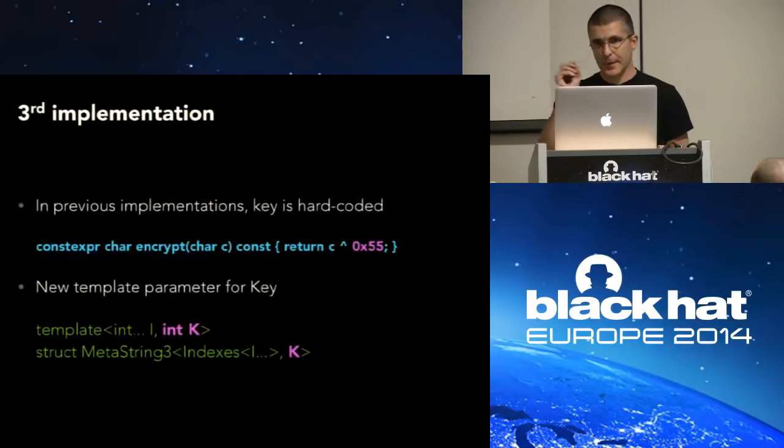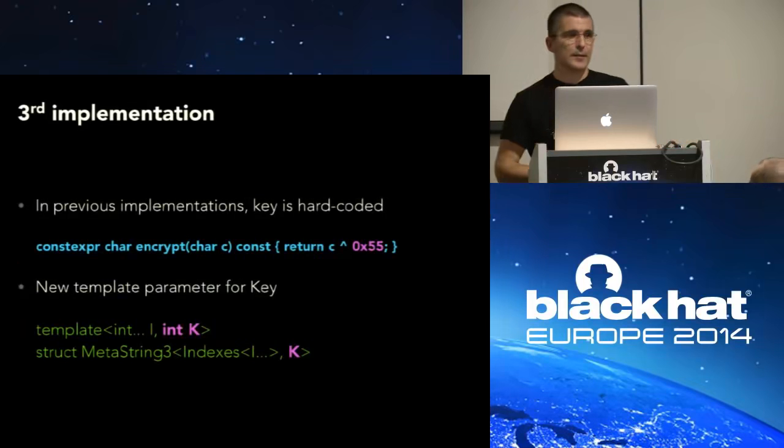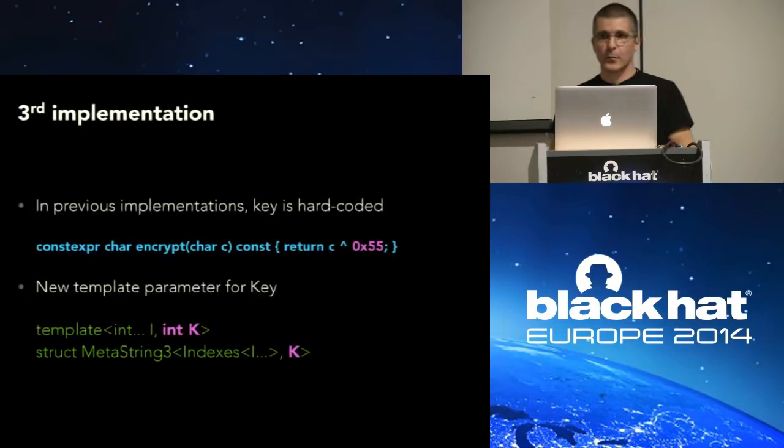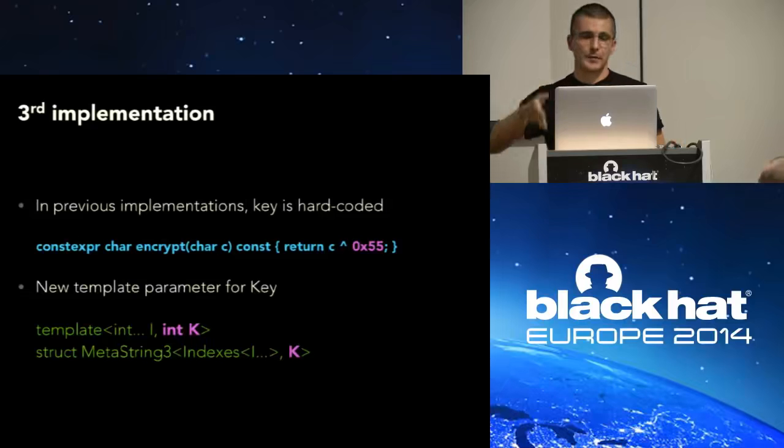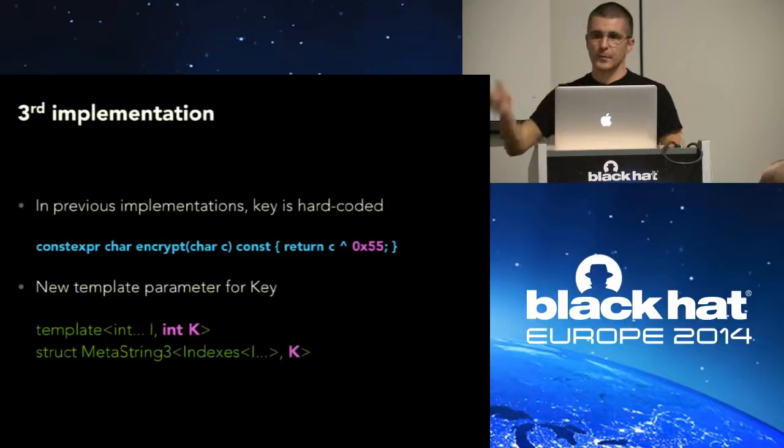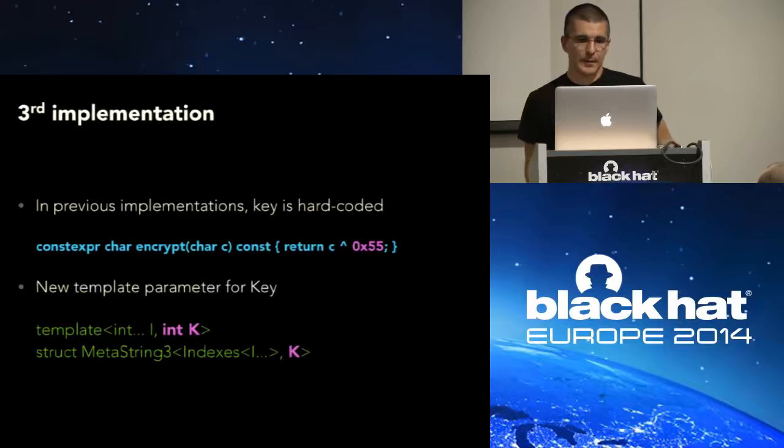I still have one little problem. The key is hard-coded. So it's not difficult to make a script to try to brute force it, since it's always 55. You just try every binary data in your application, and you try to brute force this and extract the original string.